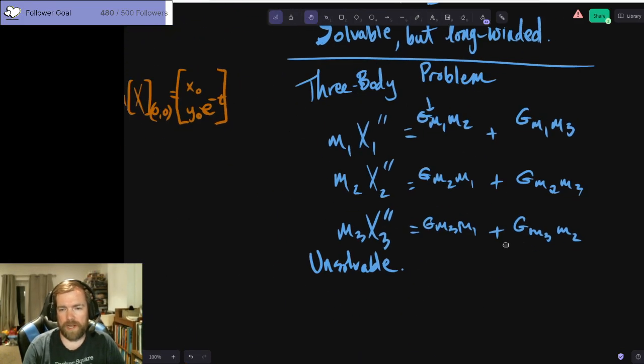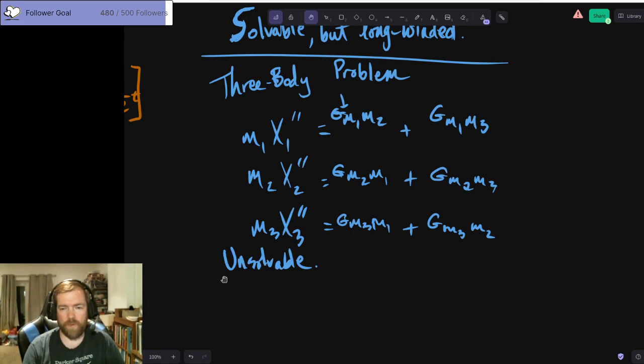I'm not going to write it out, but if we want to add a fourth body in here, then we need G 4,3, 4,2, and 4,1. So it's going to add an entire row and column to this. So that ends up making it increase by a square factor every time that it goes up.